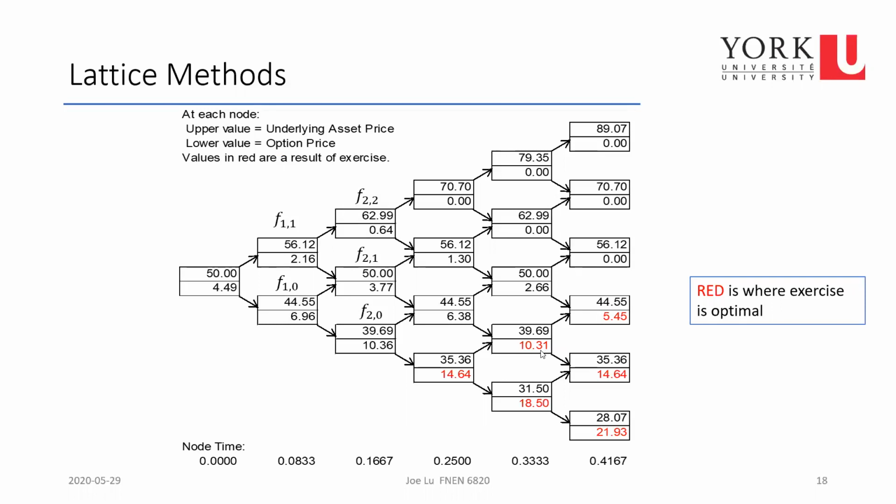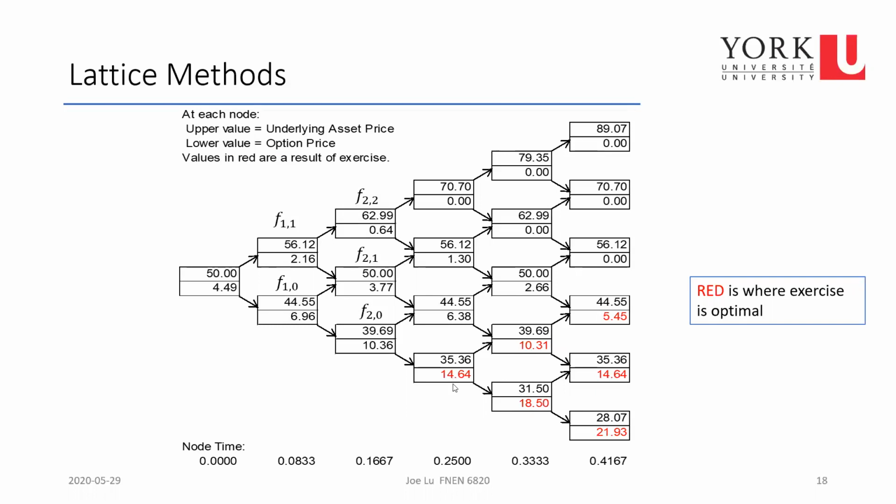So we will not wait and we'll exercise here. This will be the option value if we exercise. And same thing here, the exercise value is better than the average value that we have for the payoff in the last node. So we'll exercise here.